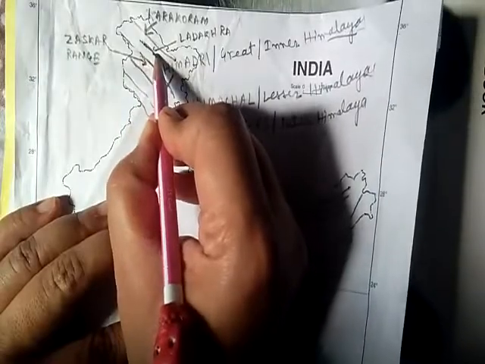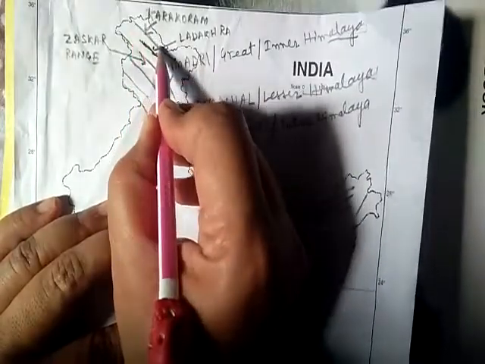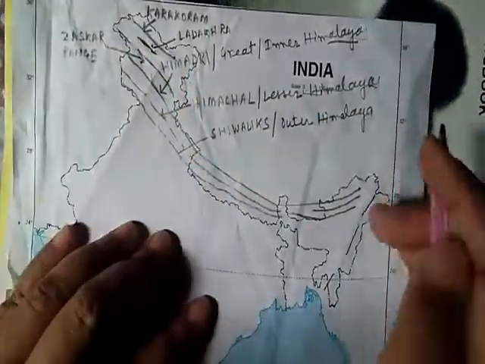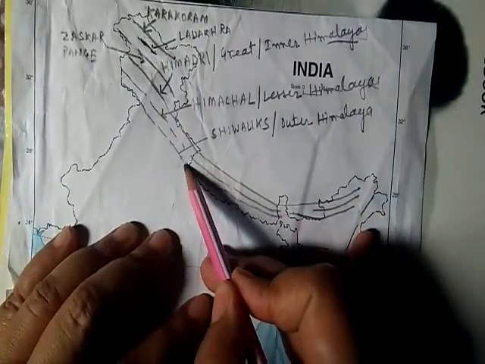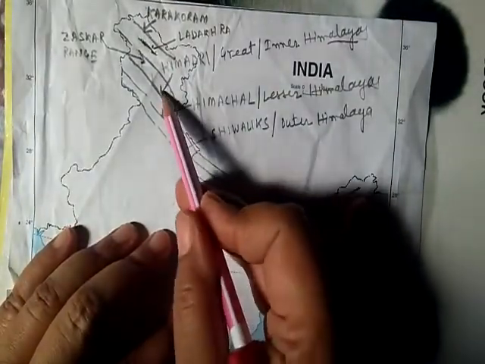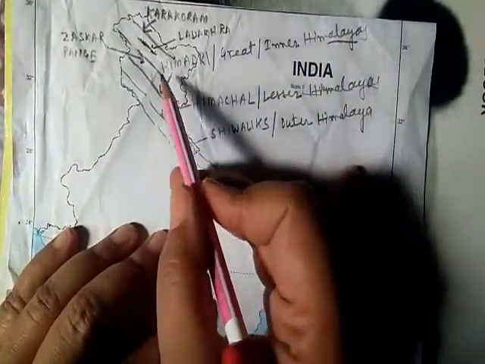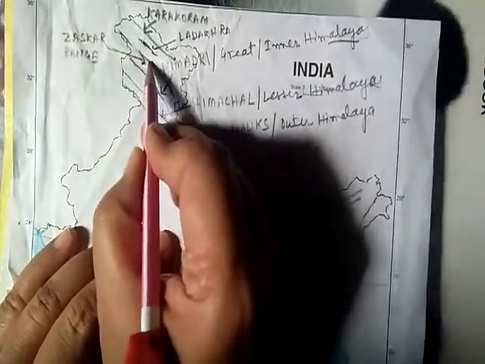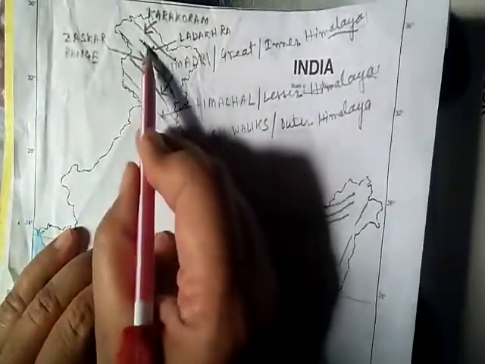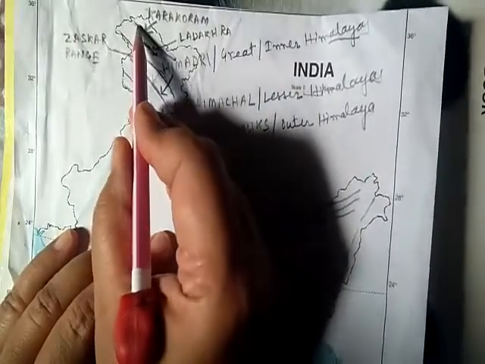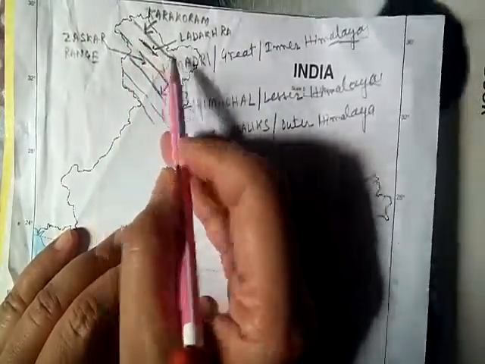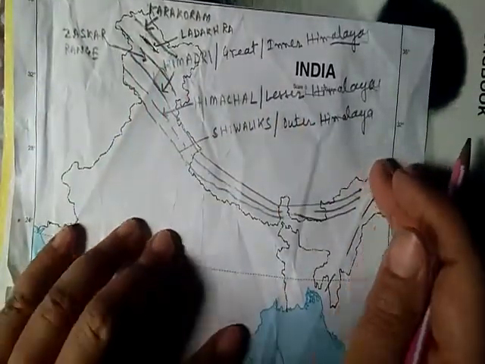This is your homework. You will show Shivalik, Himachal, Himadri, then Zaskar range here, Ladakh range here, Karakoram here. You will do this on the map.